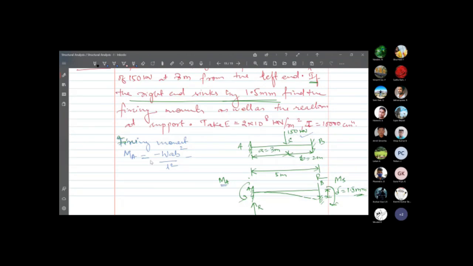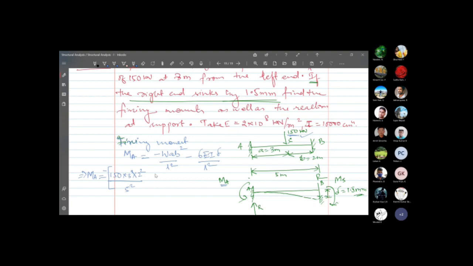So that is minus WAB square by L square minus 6. This is just the formula, minus 6 EI delta by L square. So all of you please put the value. MA equals to W is 150, so 150 into 3 into 2 square divided by 5 square. This minus sign is already here.